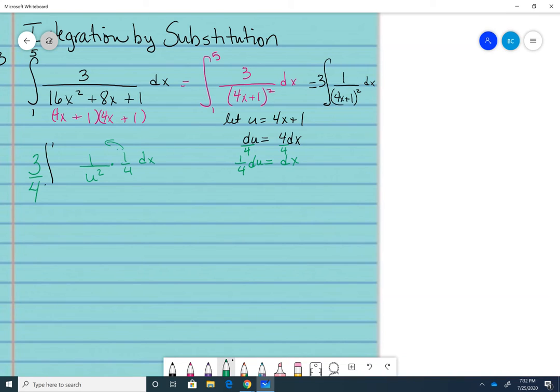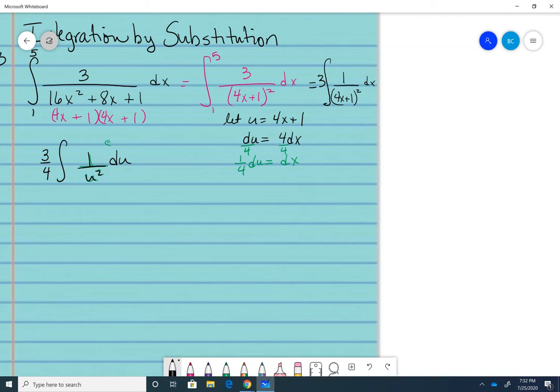So let me make that a little darker because that green's not showing it real good. So now I have a 3/4 times 1 over u squared du. I said dx, but I meant du.